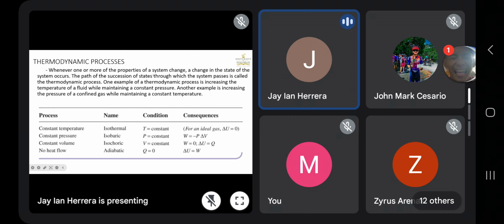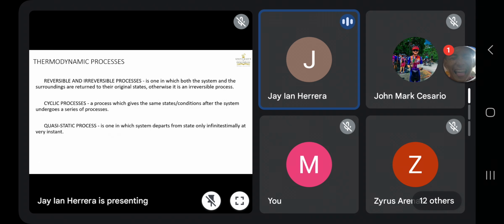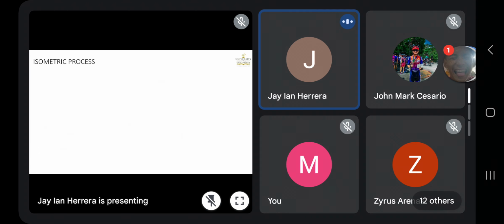And let's define thermodynamic processes. These are given in your modules.